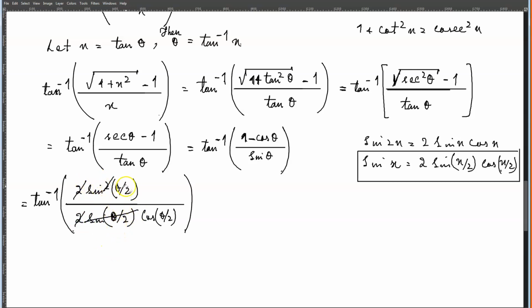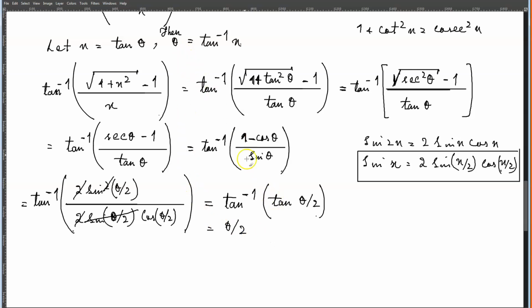Then you have sine theta divided by 2 divided by cos theta divided by 2, which is going to be tan of theta divided by 2. So you have tan inverse of tan of theta divided by 2, and that is equal to theta divided by 2.